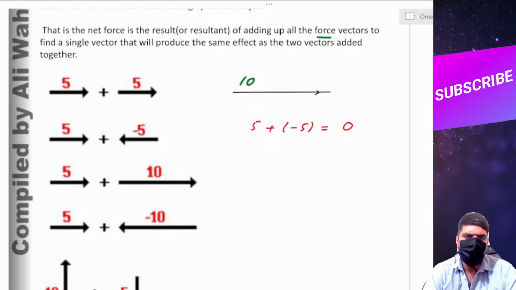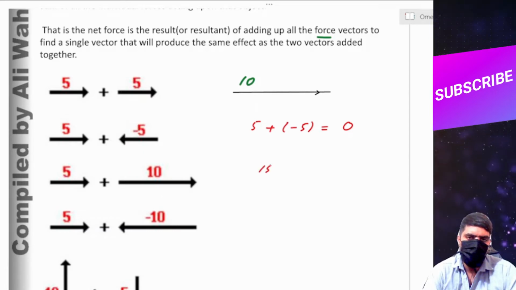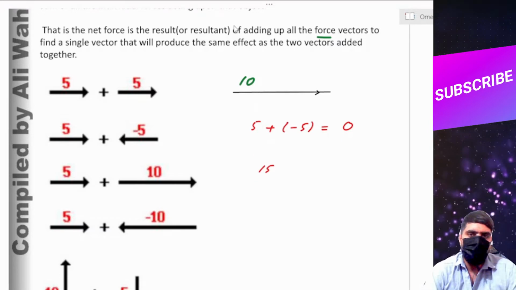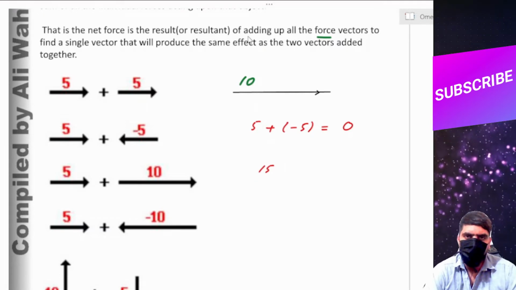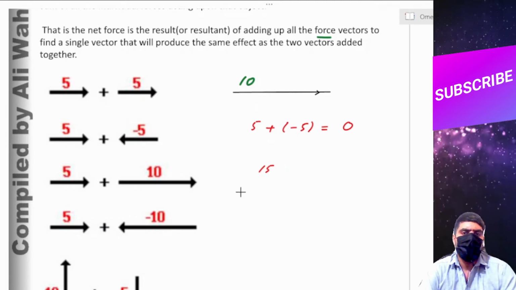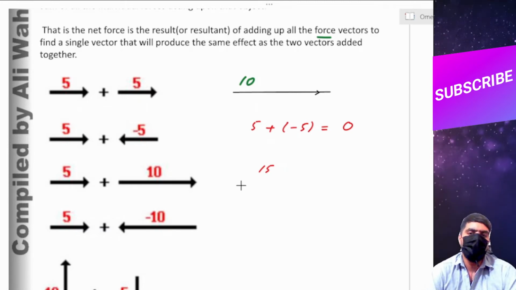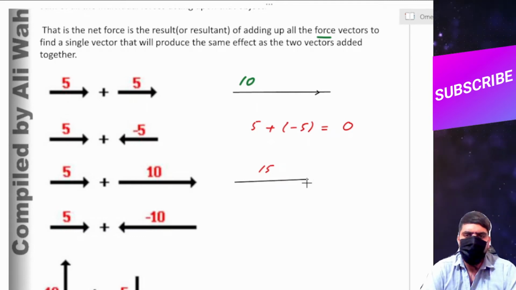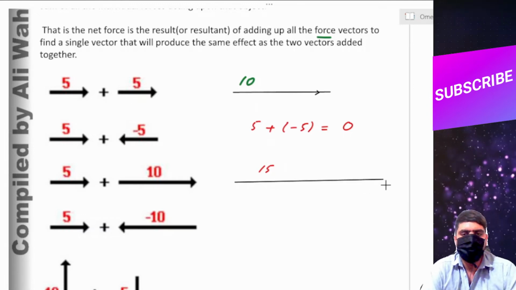So if we add these two, since they are in the same direction, we simply add these two. And when we are drawing it, more importantly, whenever you deal with vectors, draw the diagrams with the help of a ruler. Freehand drawings are not acceptable, and you would be just losing your marks for no reason.